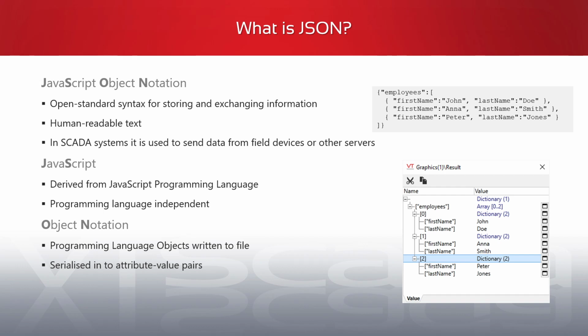The object notation part is actually really quite important, and it's worth taking a little moment to understand what that means. So in a programming language, we often hold information in memory as objects. So for example, we might have an object that represents a pump, and that pump may have information associated with it.